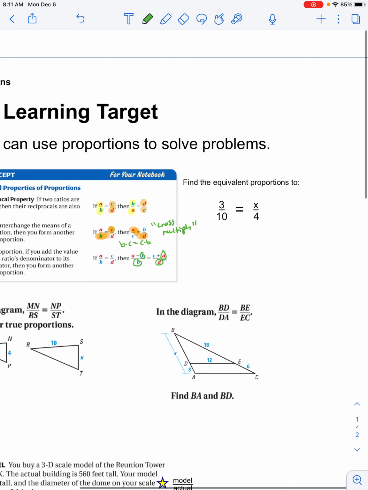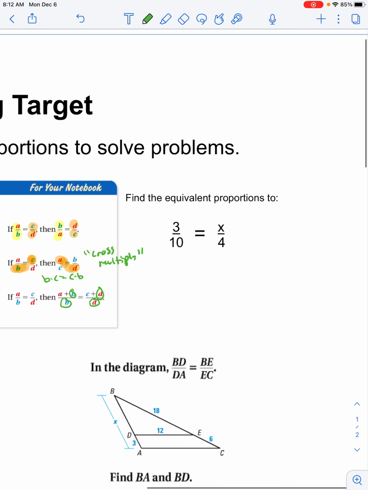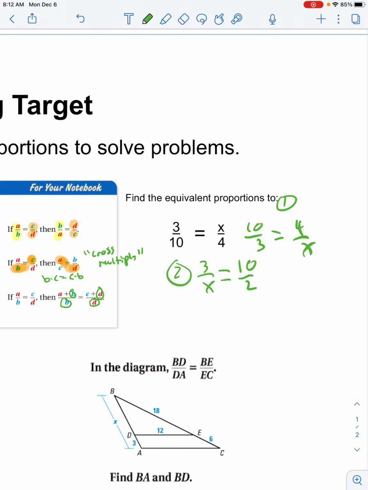So, some equivalent proportions. Again, I could flip-flop. I could say 10 over 3 equals 4 over x. There's one. Maybe I compared my numerators to each other. I said 3 over x equals 10 over 4.